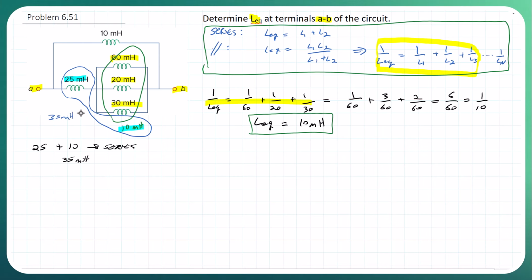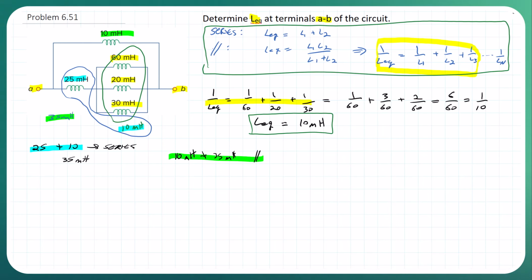And then finally, we're going to combine this new 35 millihenries with the 10 millihenries, and those are going to be in parallel. Let me highlight these. So 10 millihenries and 35 millihenries are in parallel.